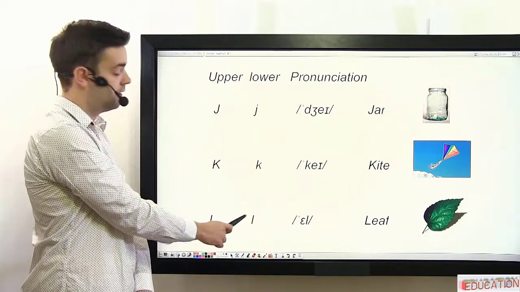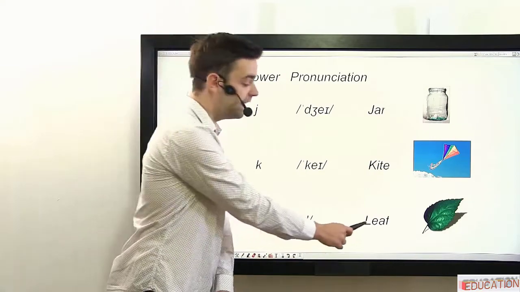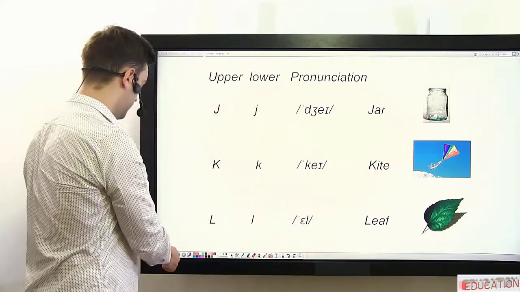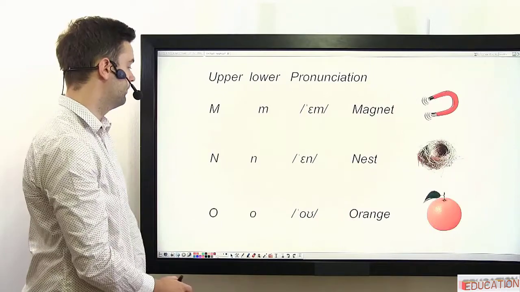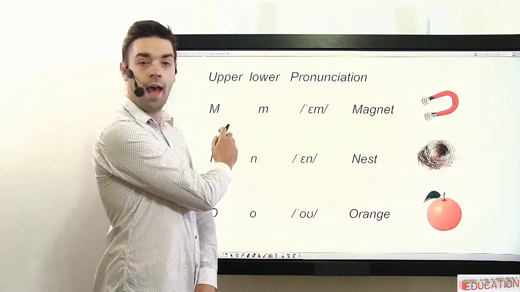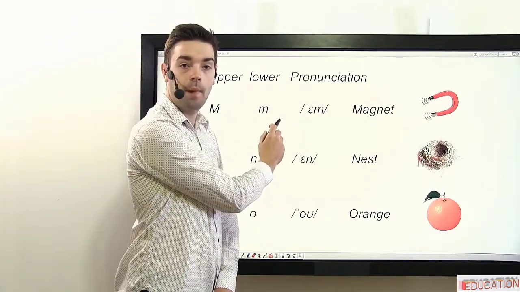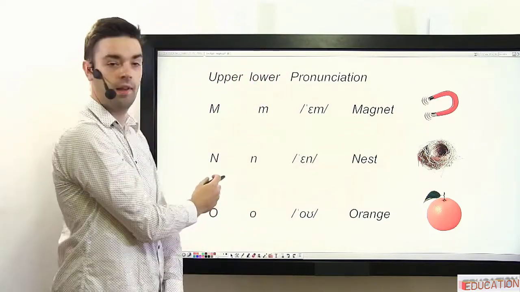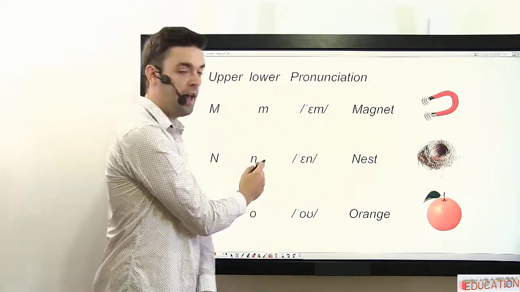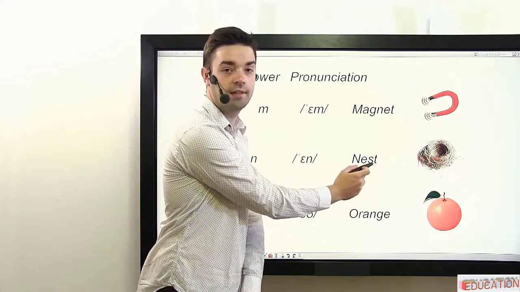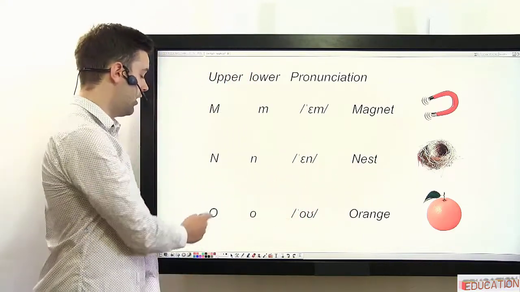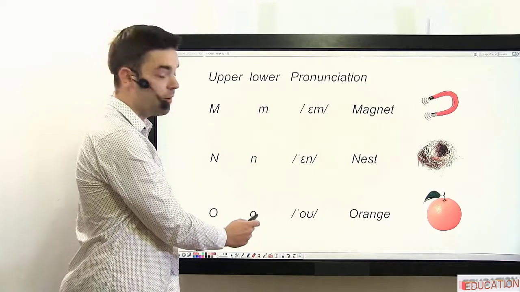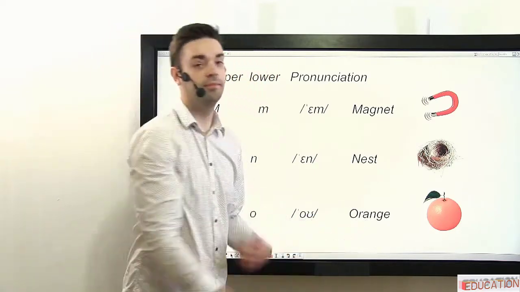L for leaf. M for magnet. N for nest. O for orange and Oliver.